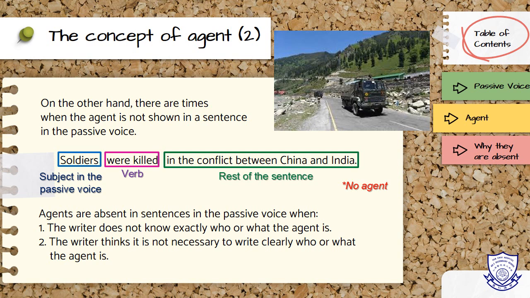In other words, the writer assumes the readers or the public already know who or what the agent is before reading his or her text or report.